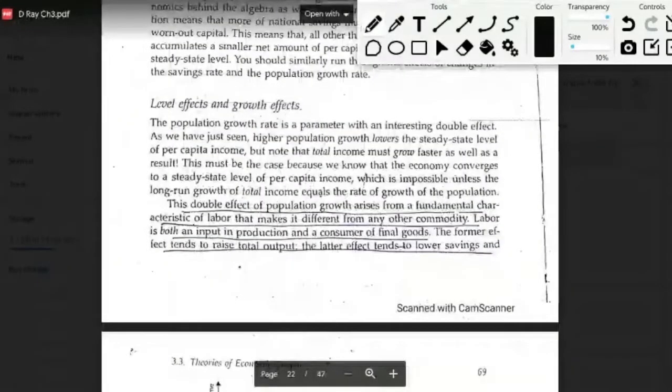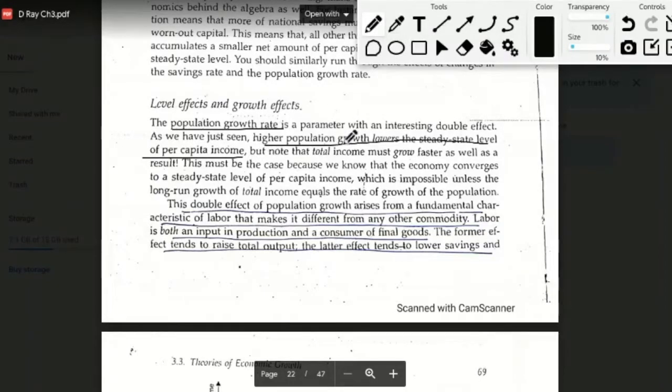If you look at the role of population growth rate in the Solow model, then the population growth rate has an interesting double effect. On one hand, a higher population growth rate lowers the steady state level of per capita income, which we just saw, since the population growth rate and the depreciation rate come in the denominator. So they have an inverse relationship with the steady state level of capital per capita.